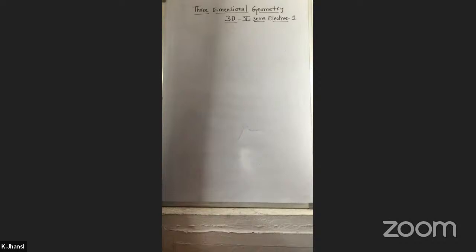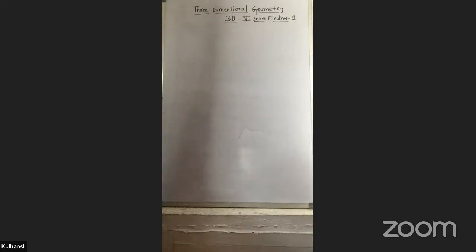So here we are discussing 3D. It is three-dimensional geometry. We know that three-dimensional geometry means you will have three axes, that is the x-axis, y-axis, and also the z-axis. And you have three dimensions, that is length, breadth, and also height. In 2D it means length, breadth, or length, height, or like that any two dimensions. But in three dimensions, you will have length and also breadth and also height.